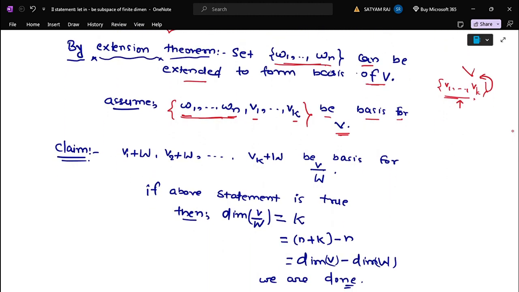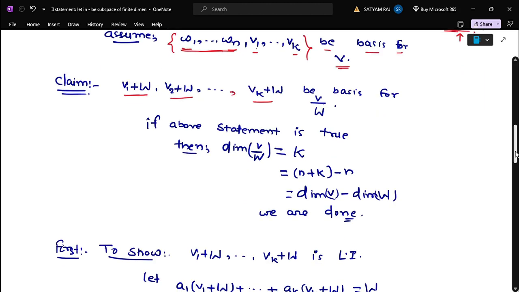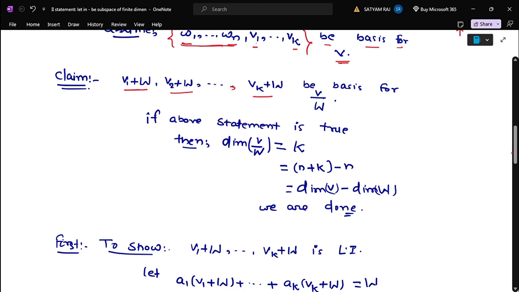Now we claim that V1 plus W, V2 plus W, up to Vk plus W form a basis for V/W. If these vectors form a basis, how many vectors do we have here?